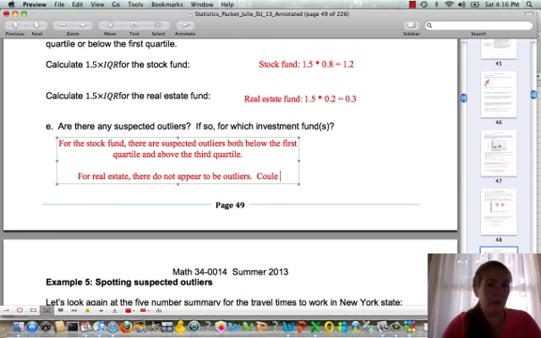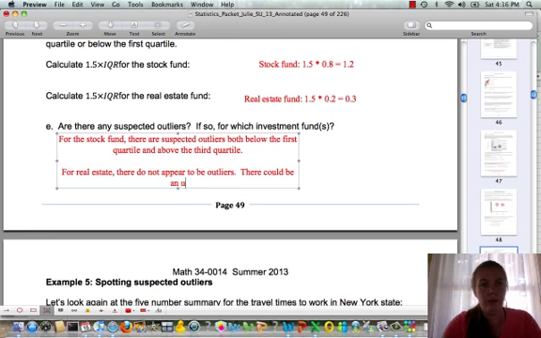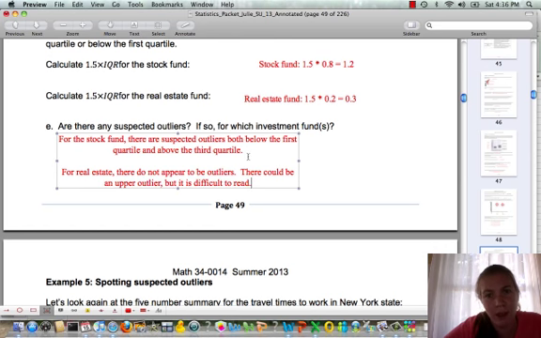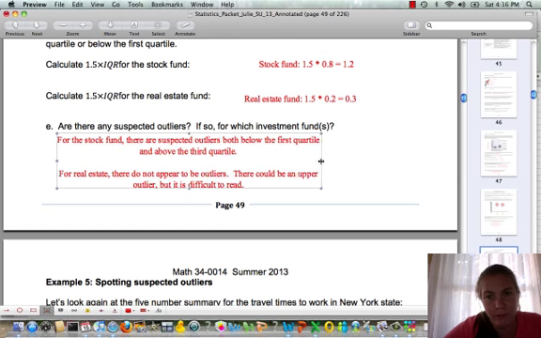There could be an upper outlier, but it is difficult to read, we could say. Definitely not as extreme as in the stock fund.